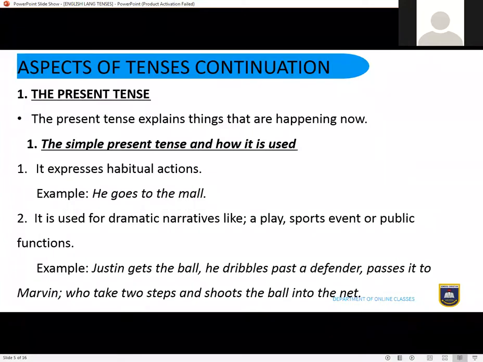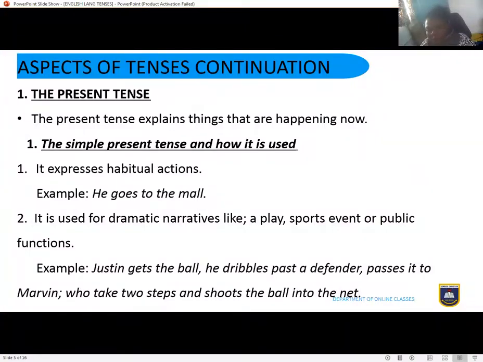The first one is the present tense, the second is the past tense, and the third is the future tense. Then we started with the present tense, and I told you that under the present tense, we have 4 aspects.